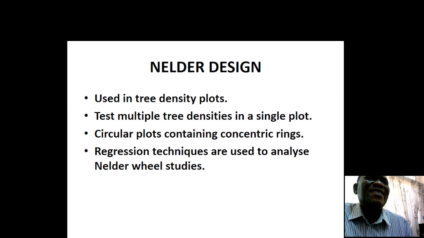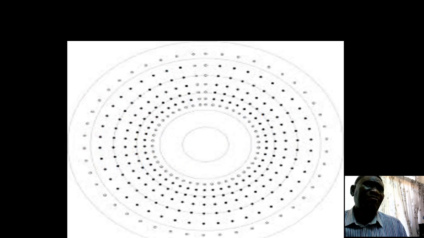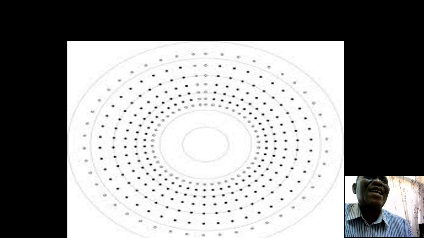You have what are known as circular plots containing concentric rings, and regression techniques are used to analyze Nelder wheel studies. So this is a typical example of a plot, and those dots represent plant positions. Towards the center, it's more dense.